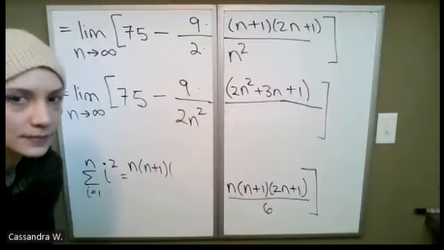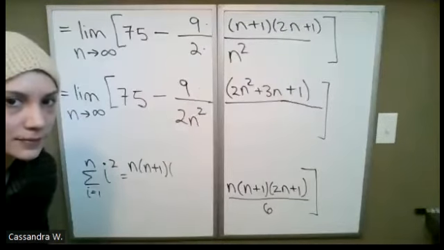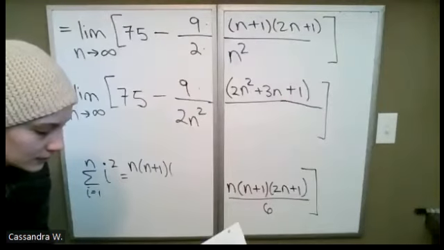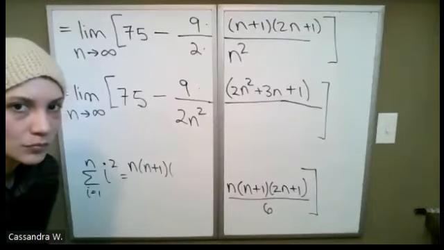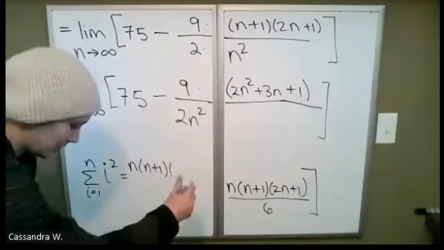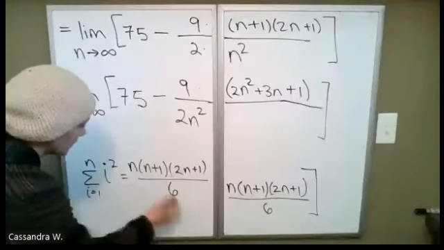I'm a little bit confused on the 6 in the denominator. Where did that 6 come from? It's this, the one you just erased, over 6.